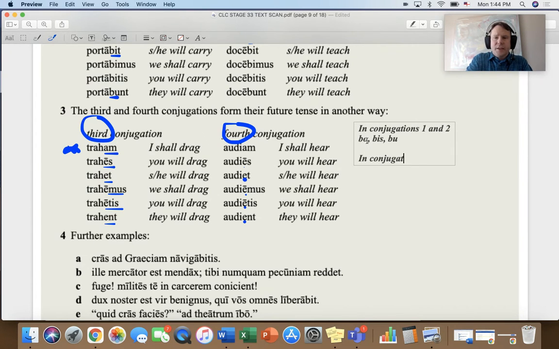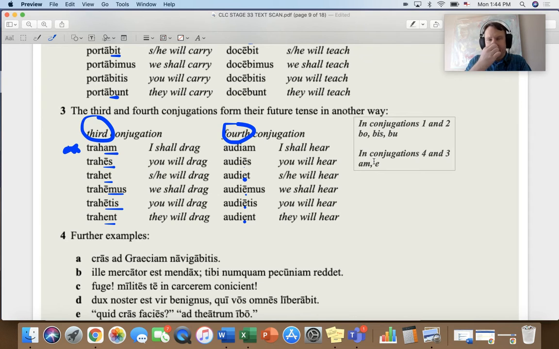In conjugations 4 and 3, so third and fourth conjugations, A, M, E. All right? So in conjugations 4 and 3, A, M, E. So I've rewritten it here. So it's A, M, like in traham, and then the E all the way down. So conjugations 1 and 2, bo, bis, bit. Conjugations 4 and 3, A, M, E. And if you can remember that, I think it will help.